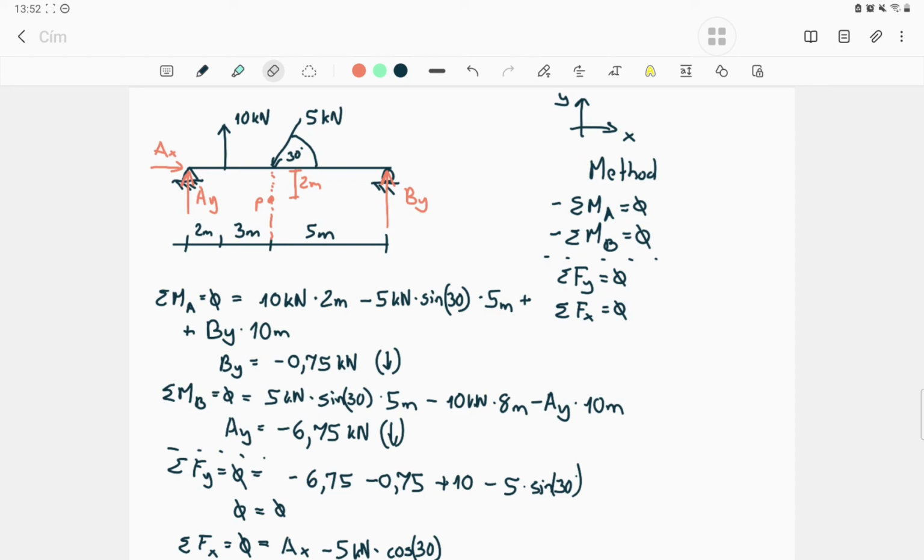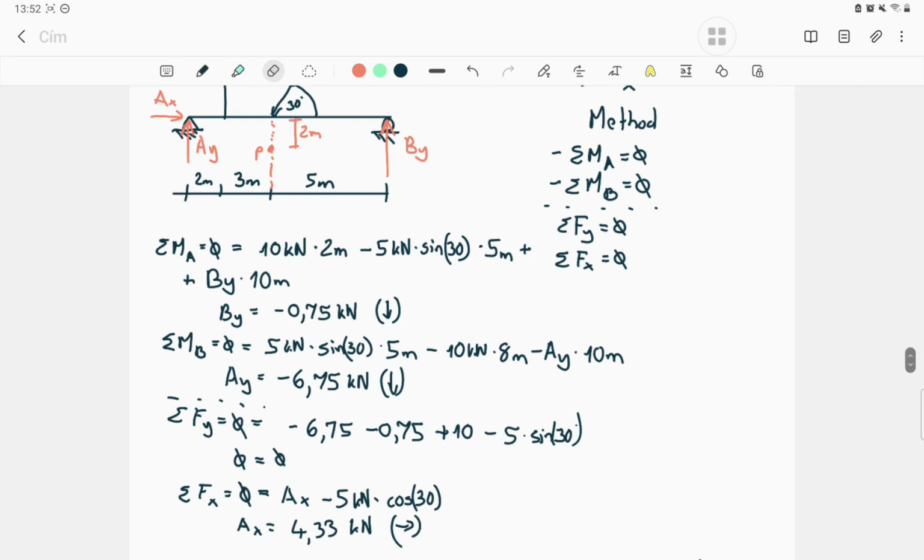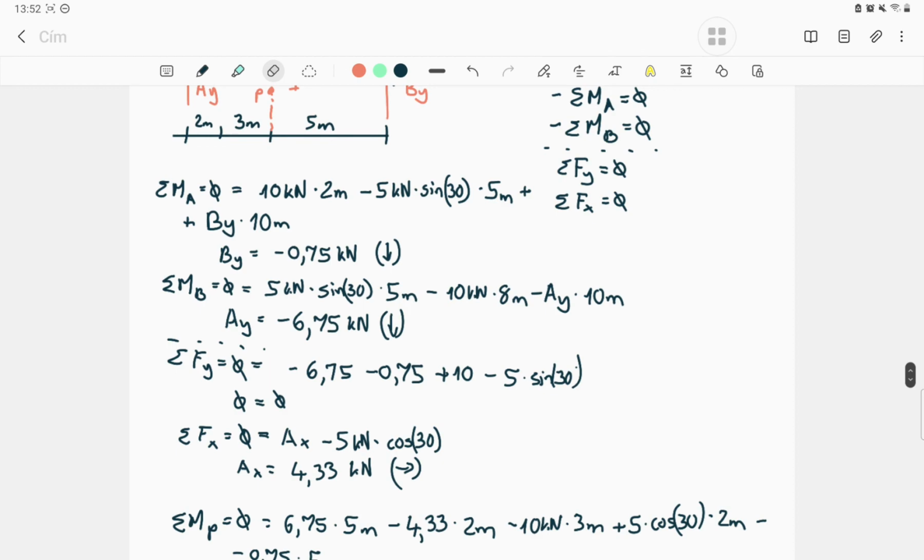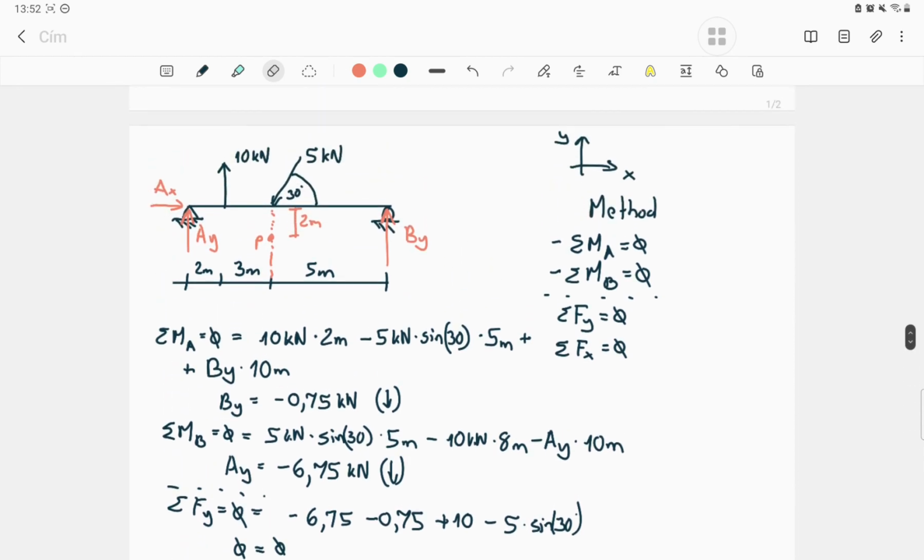Later we will use these results for other calculations, or if we draw the internal force diagrams or something else. So if you want to be an engineer, you have to be sure your results are good, and you can't stop until you find the good results.